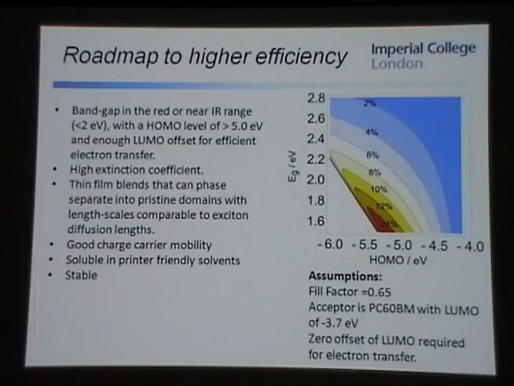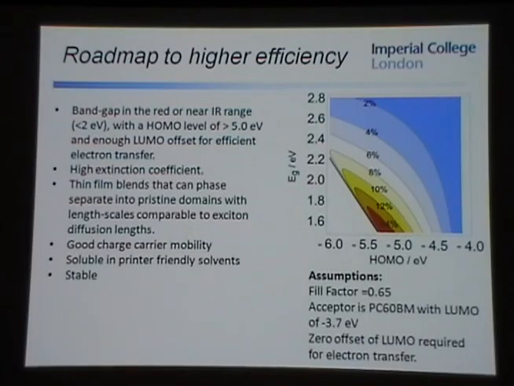Many people think a film thickness less than maybe 150 nanometers is too hard to robustly manufacture in a high throughput process, so we may need thicker films. Of course, we need these films to phase segregate, as I've just mentioned. We need the polymer to have relatively good charge carrier mobility, at least equal to the N-type.